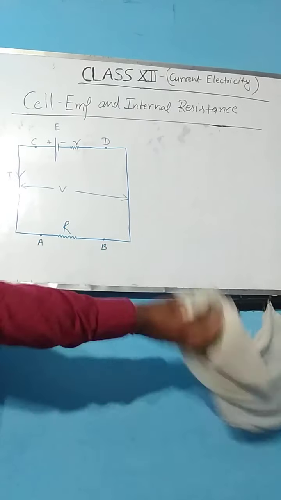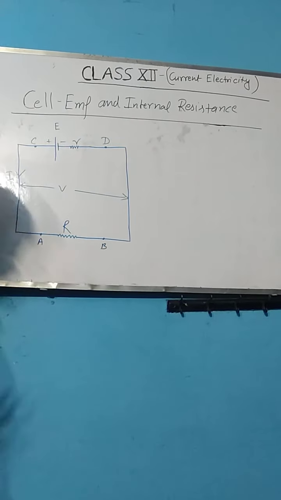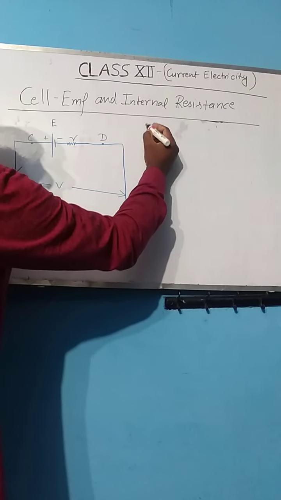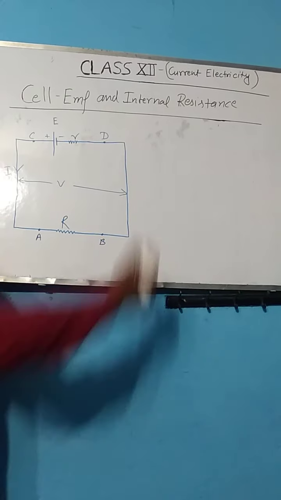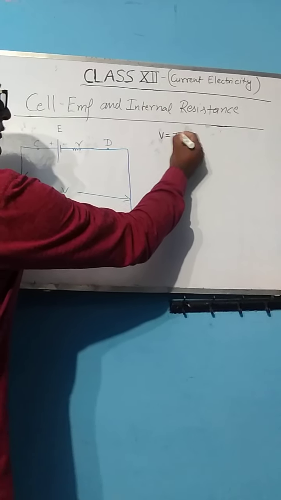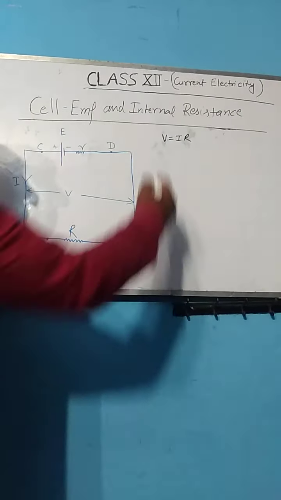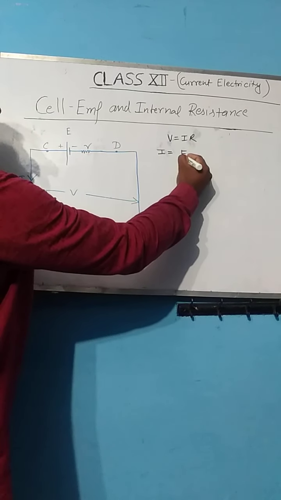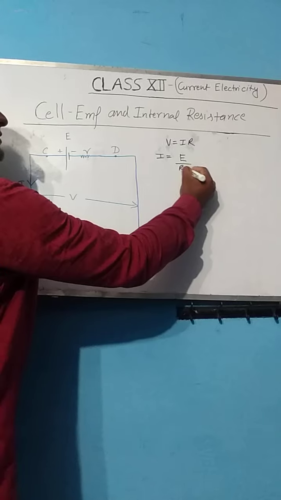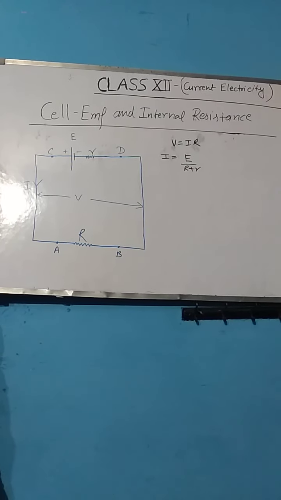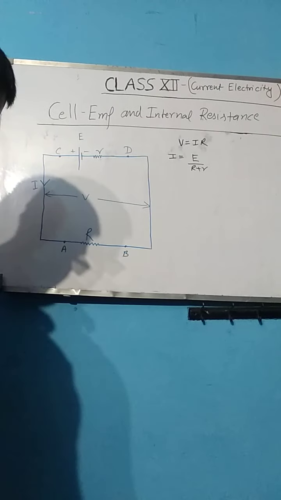So first we note that by Ohm's law, which you have already studied, V equal to IR. And current I is given by E by R plus r.